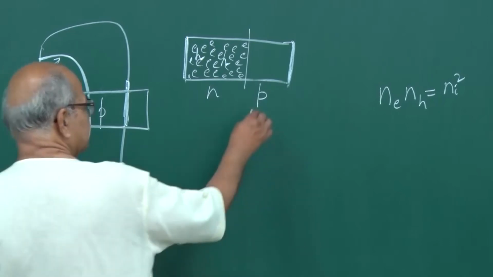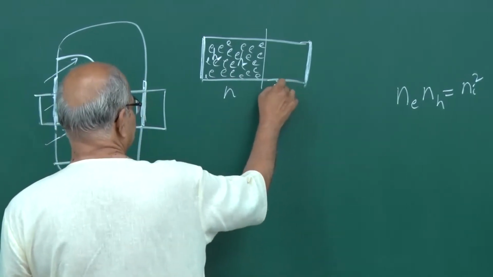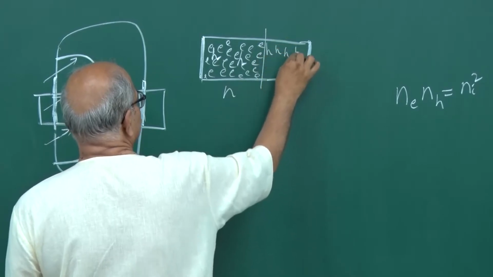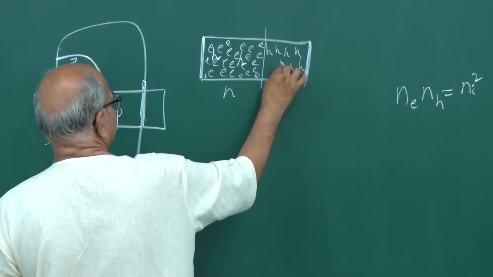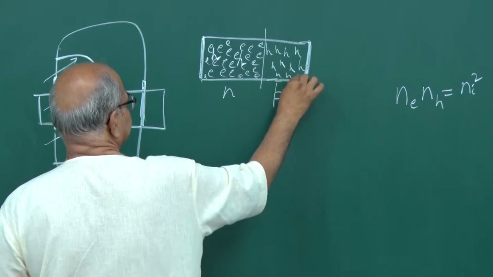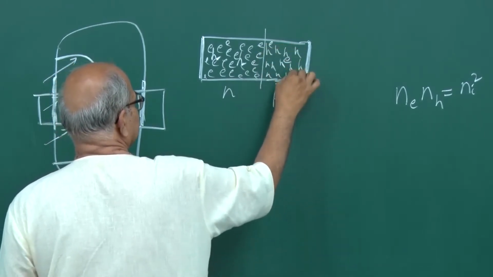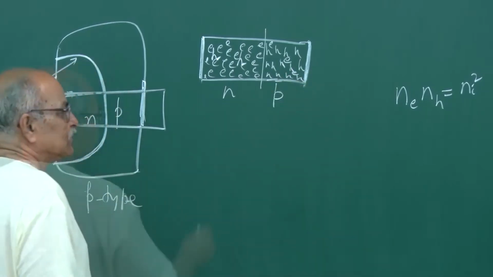And similarly, on this p side, this is p type semiconductor here. So, you have a large number of holes here, and then some electrons in between.